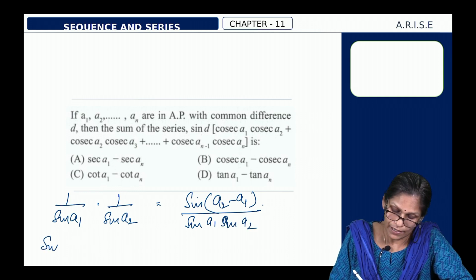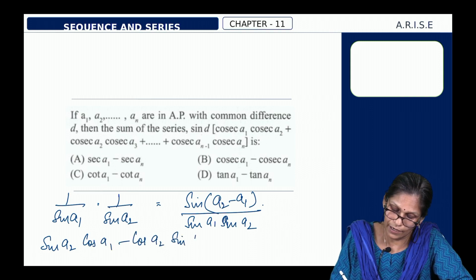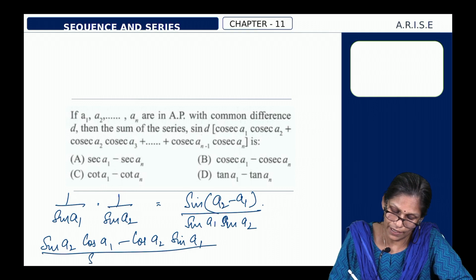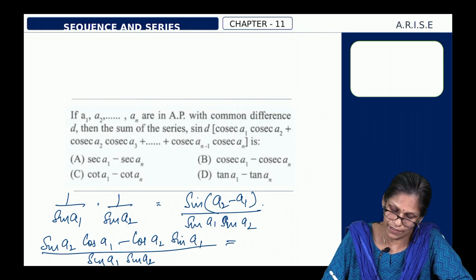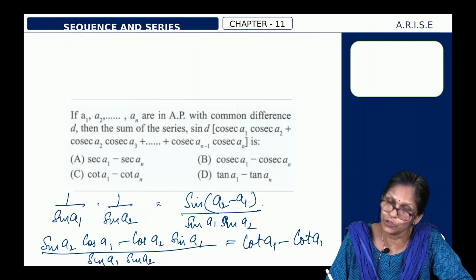Expand, it is sin A2 cos A1 minus cos A2 sin A1, using sin(A minus B) equals sin A cos B minus cos A sin B, divided by sin A1 into sin A2. Separate the terms, sin A2's will cancel, you will have cot A1 minus cot A2.